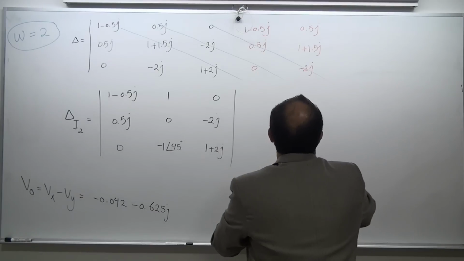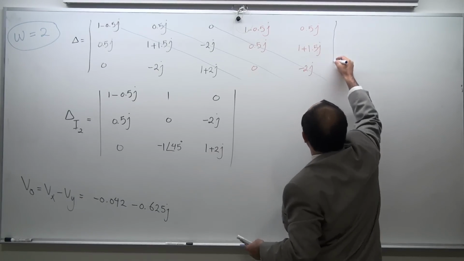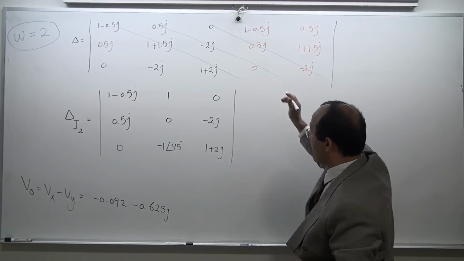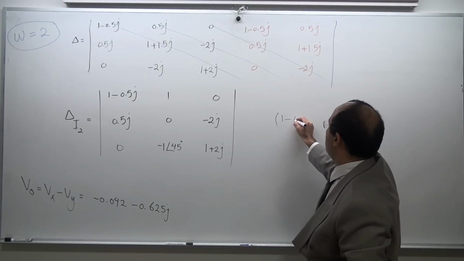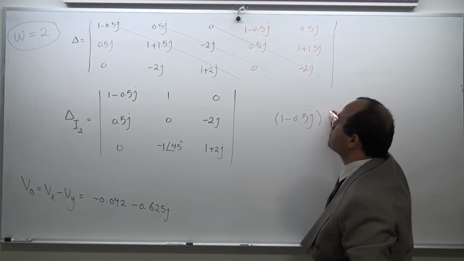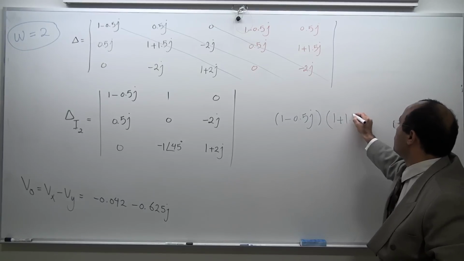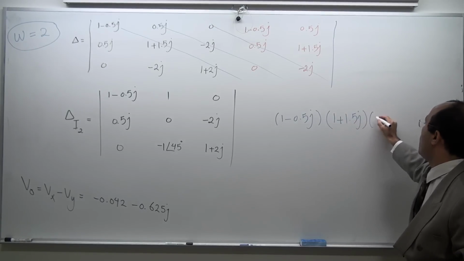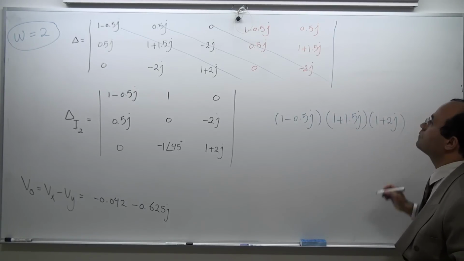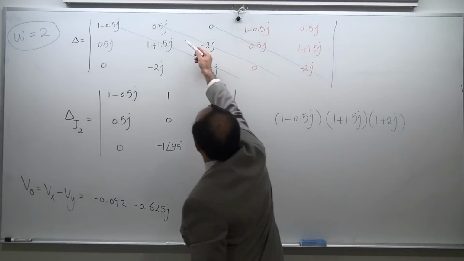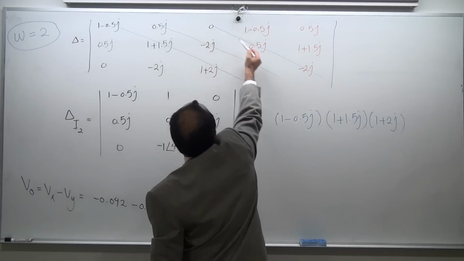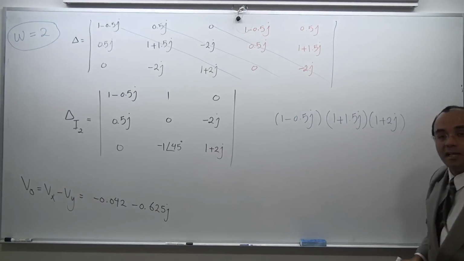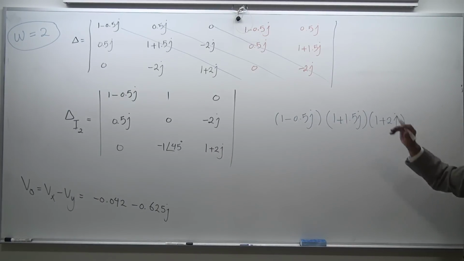So I want to go slowly. Let me do this on this part. Just the diagonal for now. It's 1 minus 0.5j. 1 plus 1.5j. 1 plus 2j. This I'm happy because this 0 is going to give me 0. This 0 is going to give me 0, fine. But if they are not 0, all I have to do is just to write it down.